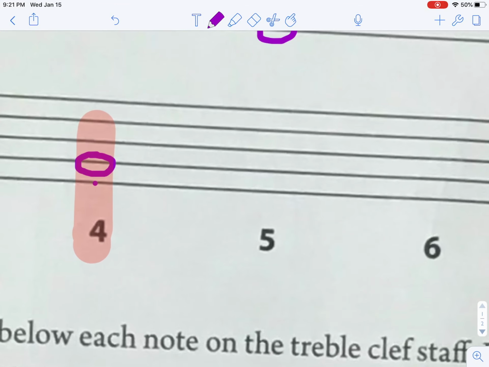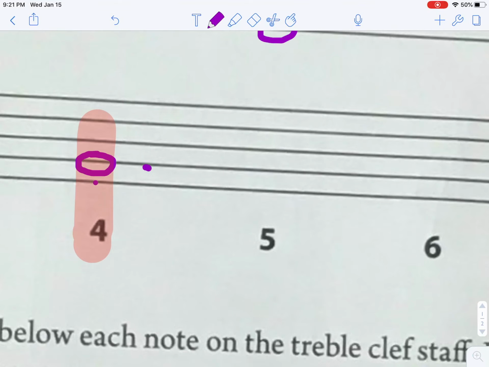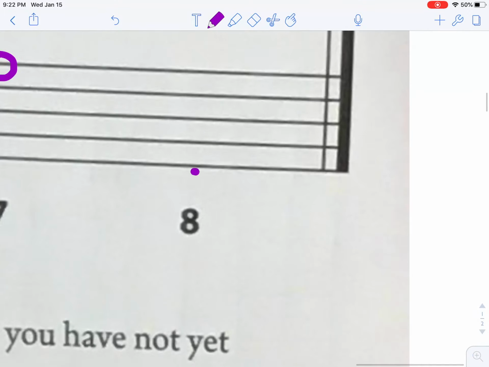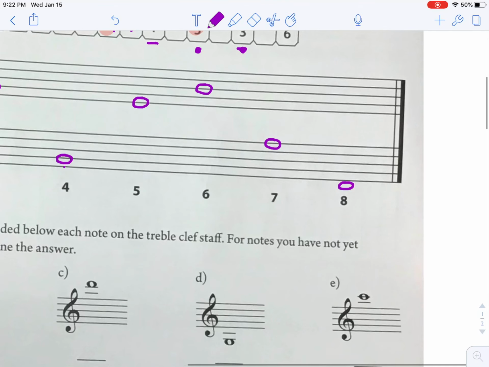So I'm going to actually walk down. Here's B. A would be here. G would be here. So we're running out of staff space. So F is actually going to hang out on the bottom side of that line. So I'm going to come over here to number 8, and I'm going to draw F right there, just below that bottom line.